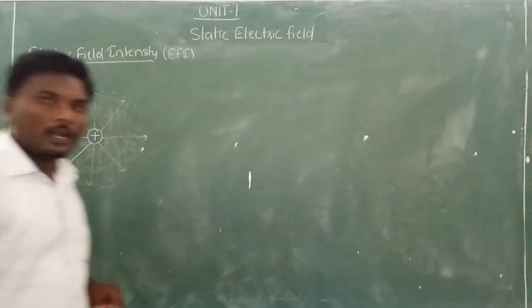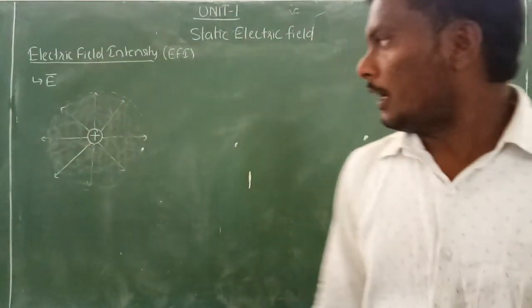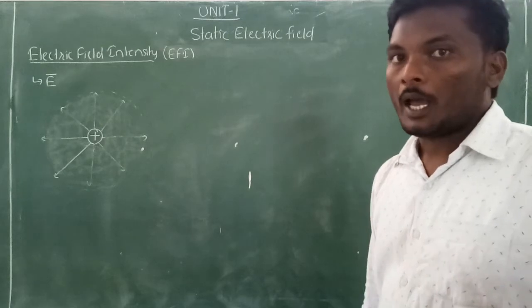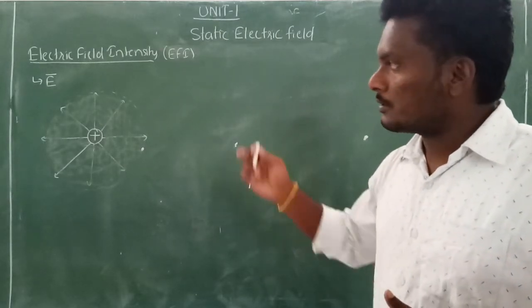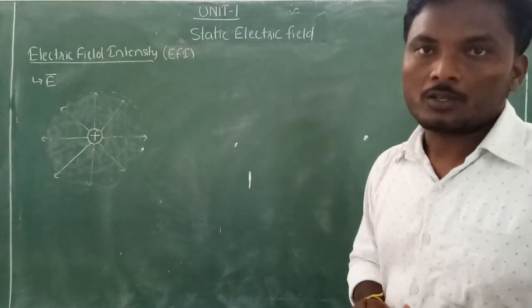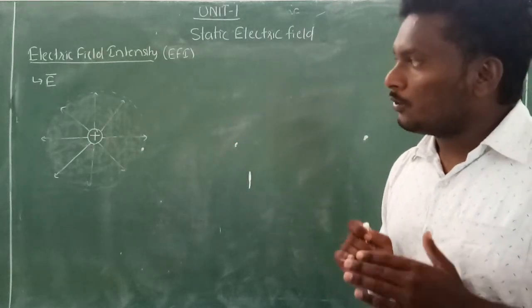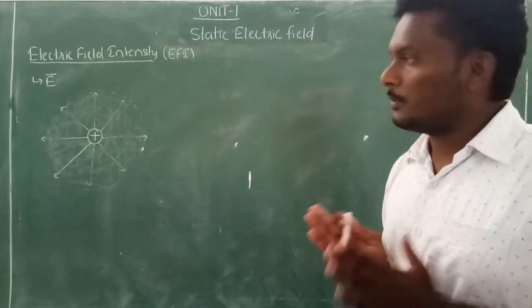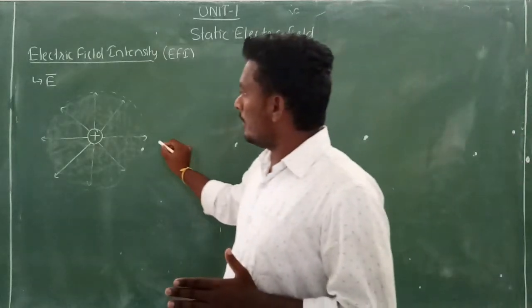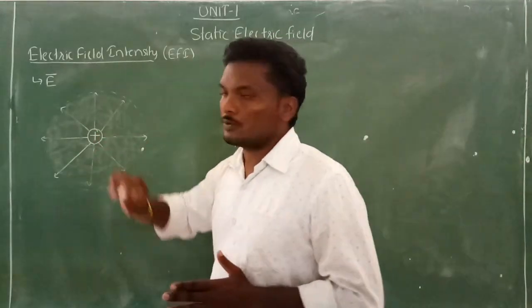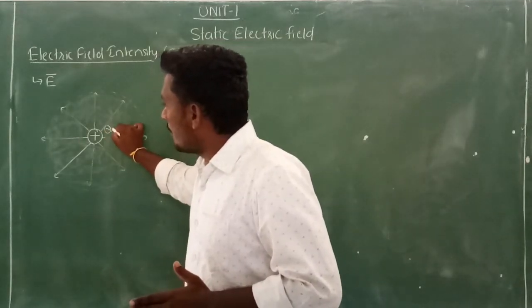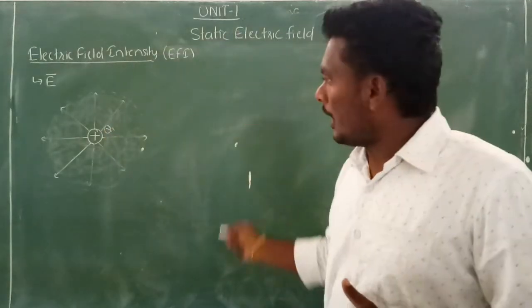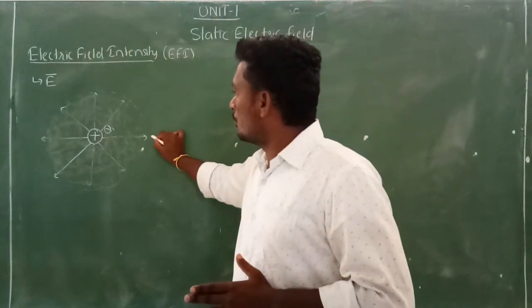Now what I am doing here is keeping a similar charge. That means where I have considered a positive charge, I want to keep the same charge, that means a positive charge, in the vicinity of this positive charge. Let us consider this positive charge has magnitude Q1, and I have one more charge Q2.